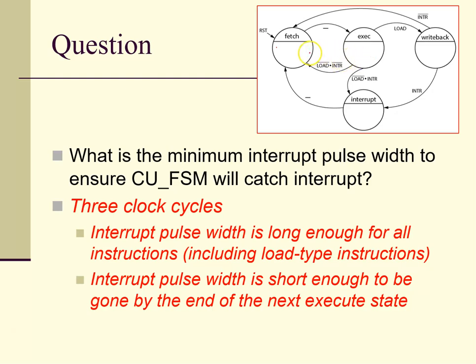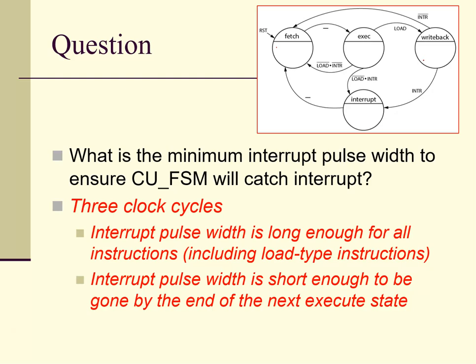The idea here is that the worst case is it turns on right at the beginning of the fetch state. It needs to still be on at the end of the write back state for a load instruction, so it has to go through the fetch, the execute, and all the way through the write back.